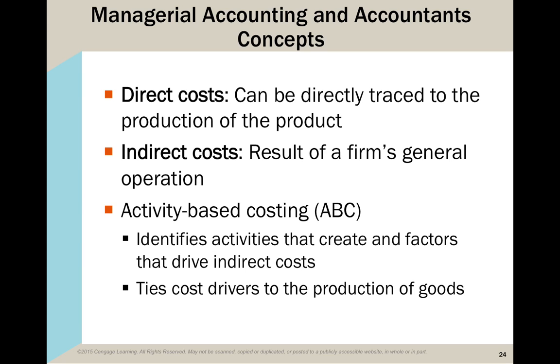And then there's activity-based costing, which identifies activities that create and factors that drive indirect costs. These costs are directly tied to the production of that particular product or service. And it's usually easier to assign and measure these types of costs.